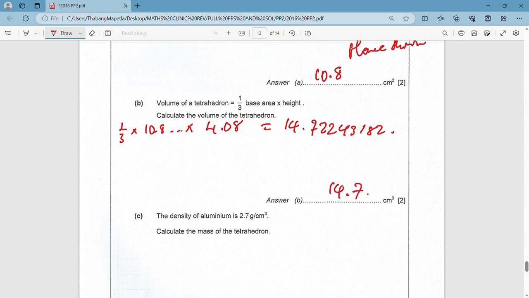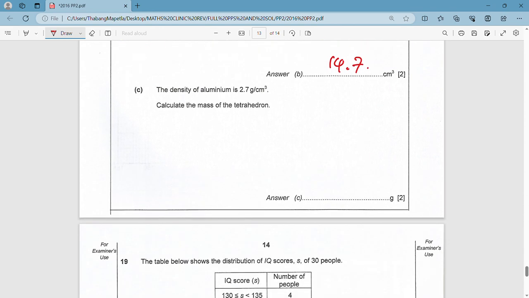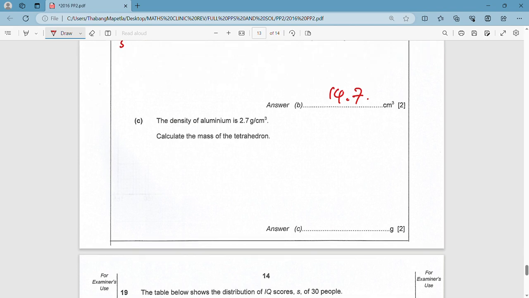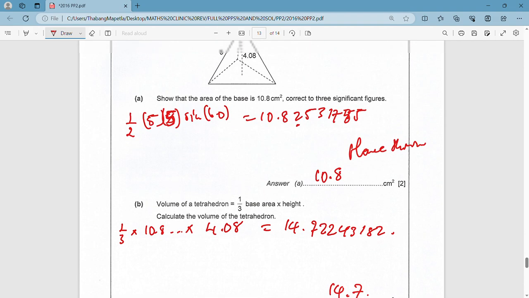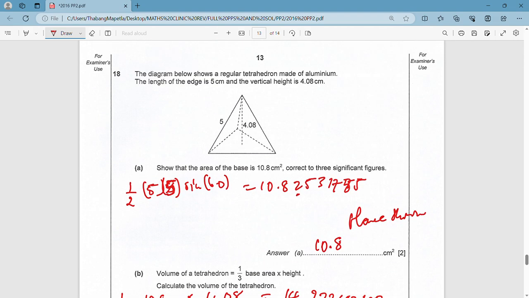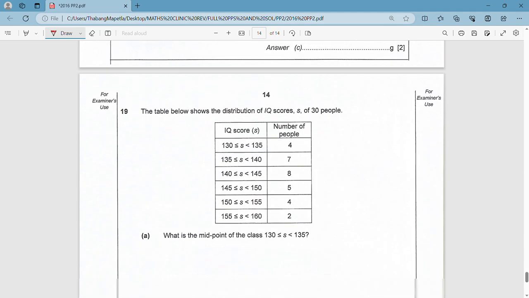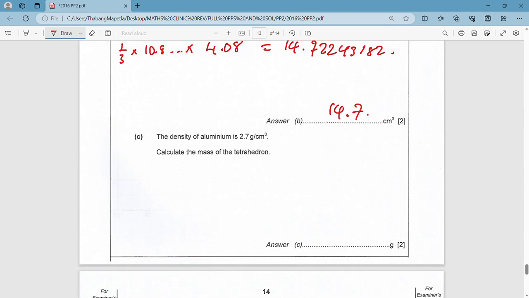Then it says the density of aluminium is that. Calculate the mass of the tetrahedron.